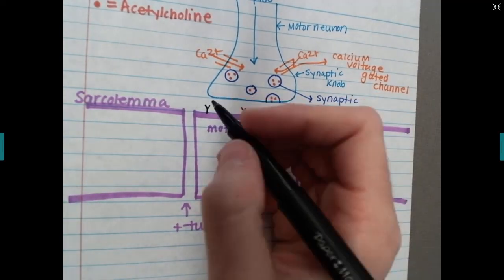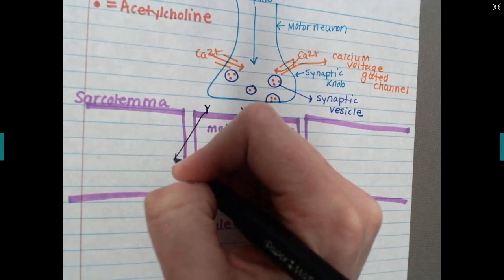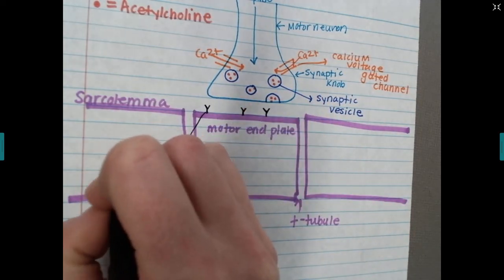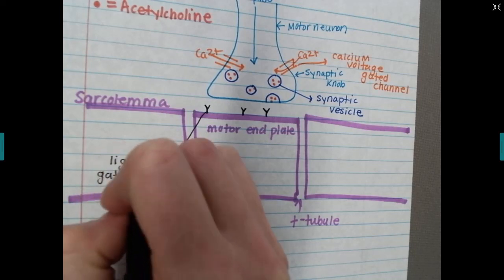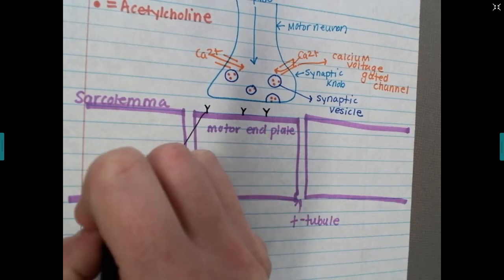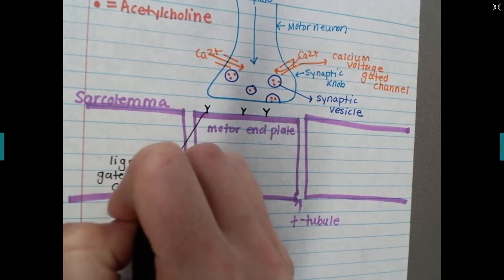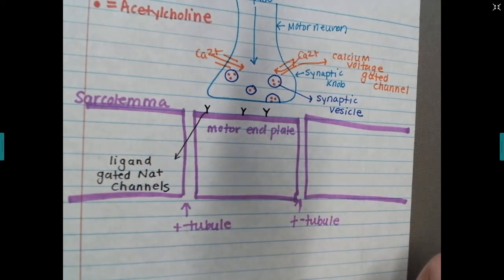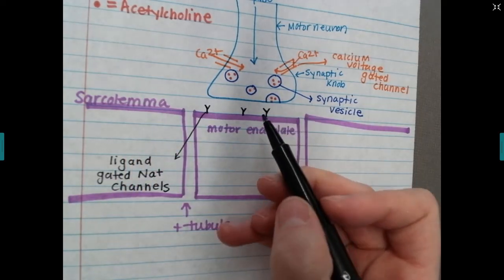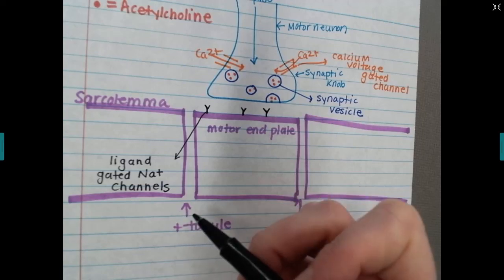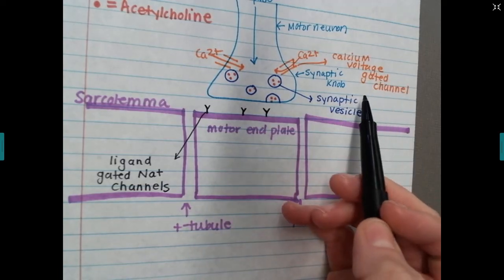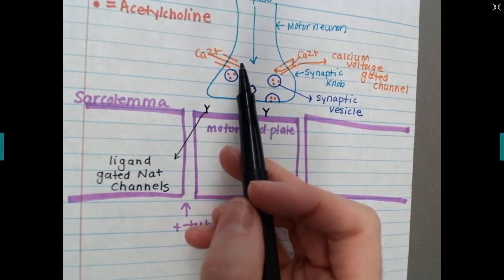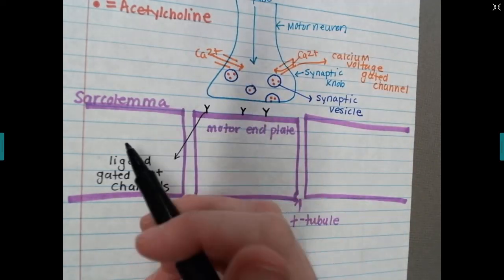Okay, and those are called ligand-gated sodium channels. Okay, what does that mean? Ligand-gated channels are different from voltage-gated channels. Voltage-gated channels open when an impulse reaches them.